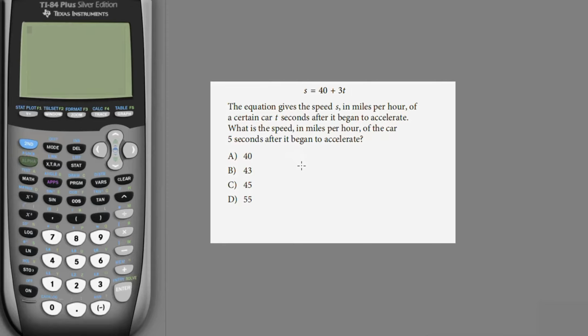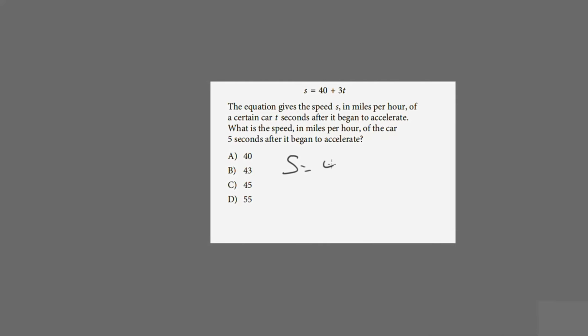We're looking for the speed, so the speed x will be 40 plus the value of t, 5 seconds, so it will be 3 times 5 rather. So our speed will be 40 plus 15, which gives us 55. So the speed is 55, option D.